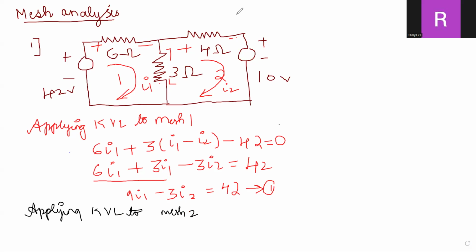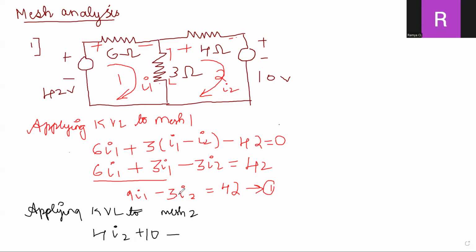This is 4I2. Very good. 4I2 plus 10 minus 3 into (I1 minus I2).